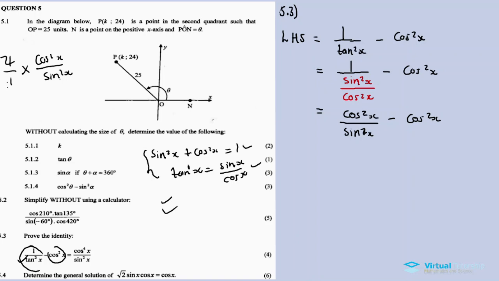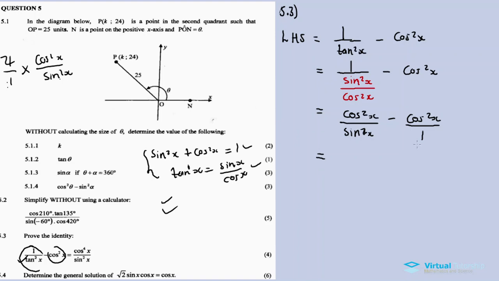And then look now, you either use the butterfly method for simplifying this fraction and this term, or you get the LCM, then multiply here, multiply there, and then divide by that LCM. I'm going to use the butterfly method, meaning I need two fractions. I need to make this cos squared x a fraction as well.